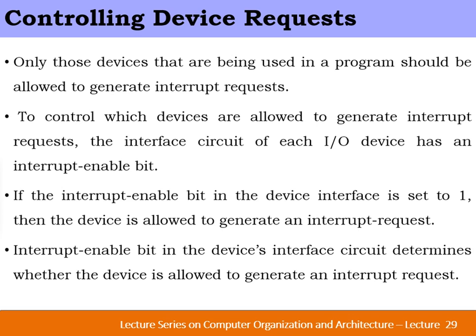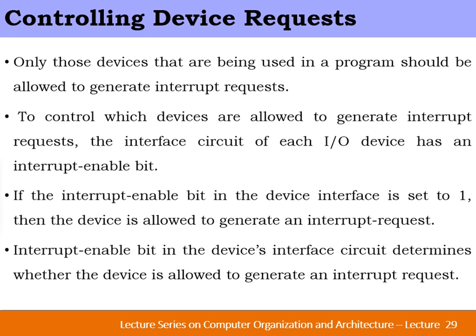Why does this have to be done? Because we will be involving only those IO devices that are used in the particular program, and the rest of the IO devices, even though they are ready to participate in the IO transfer, should not be allowed to generate an interrupt request. Only those IO devices that are concerned with that particular program need to generate an interrupt request. Hence we are making use of a special bit called the interrupt enable bit.